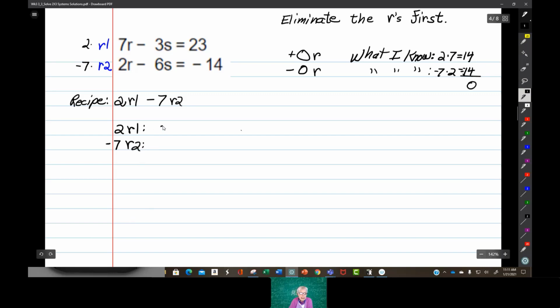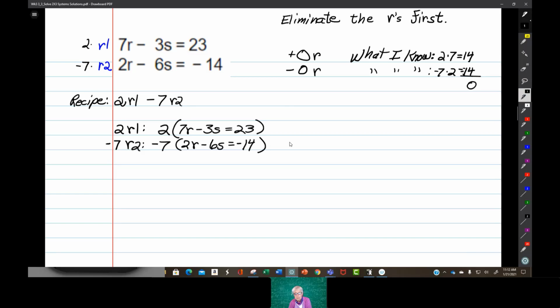Cool. That means I'll take 2 times 7R minus 3S equals 23. And then minus 7 times 2R minus 6S equals negative 14. Now that's harder. I could have, no, never mind. I could have made negative 2 up there and positive 7 down here. It really wouldn't have been that much easier though. Okay, so let's just do it.